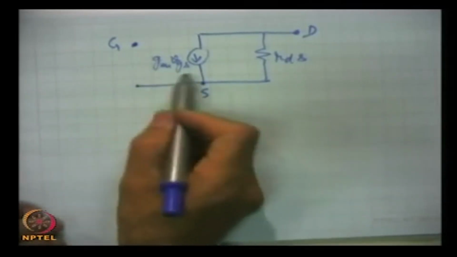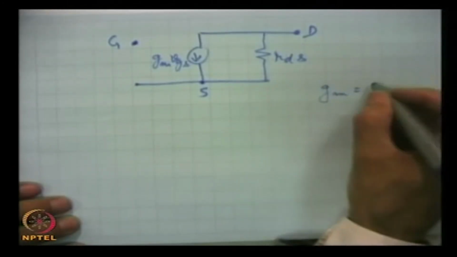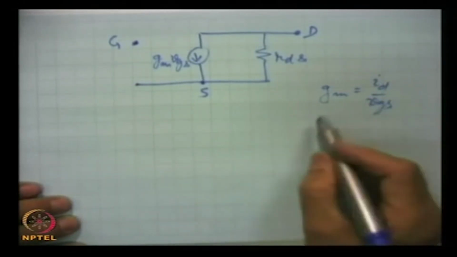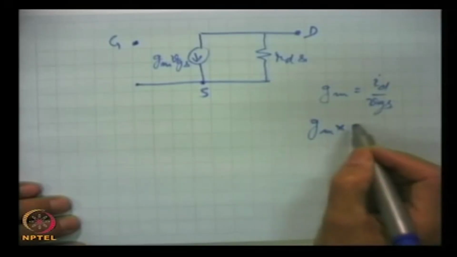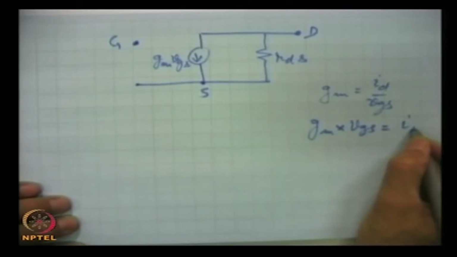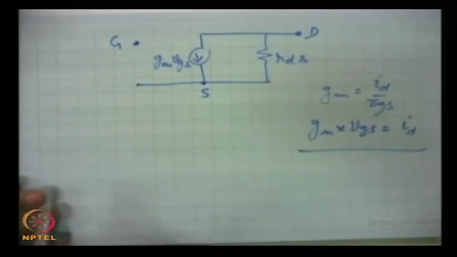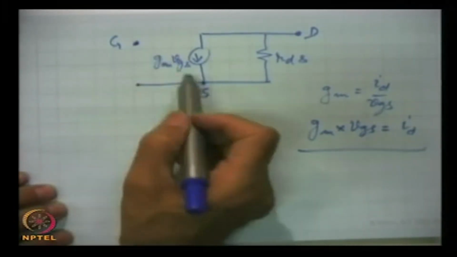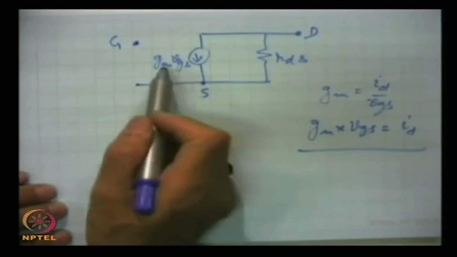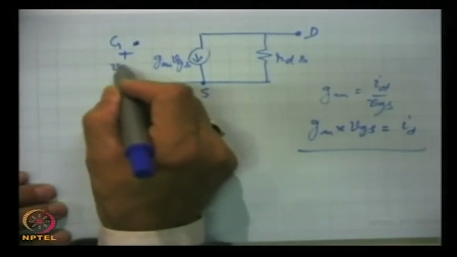This has the dimensions of a current source, because GM we know is ID versus VGS. So, GM into VGS is equal to ID. The magnitude of this current is dependent on the gate source voltage, whatever voltage we apply here, VGS.